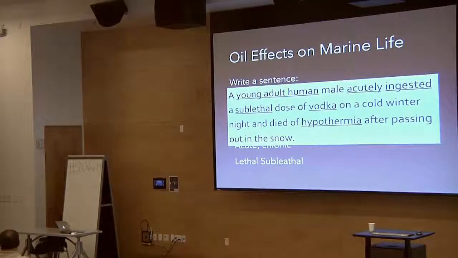So if I'm a bird and I get my feathers oiled, I might not die from a toxicity associated with the oil, but I might die of hypothermia because I lose my insulating capability. In this case, the alcohol affects the judgment of the individual and results in a lethal event.